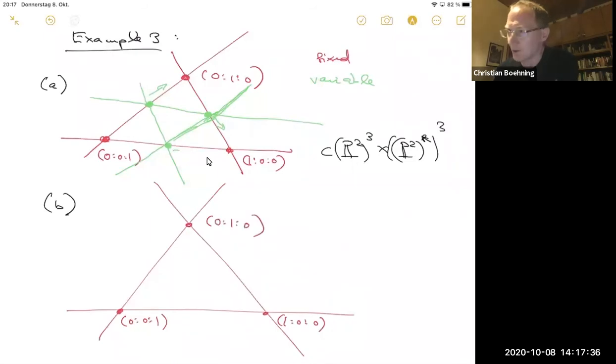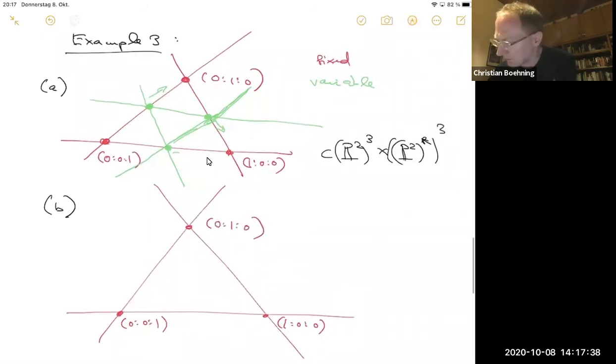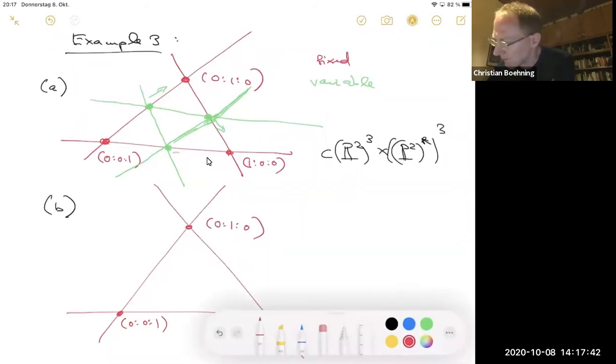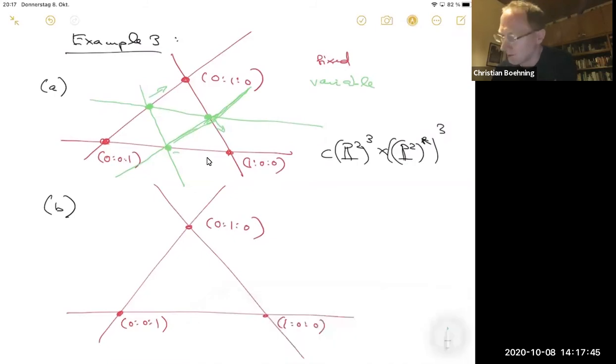I'm also looking at 3 variable points lying on the sides of this red triangle and 3 variable lines joining them so that I get a triangle.